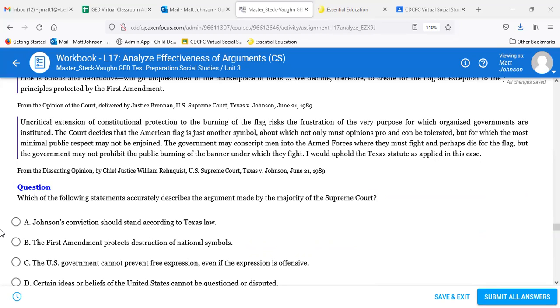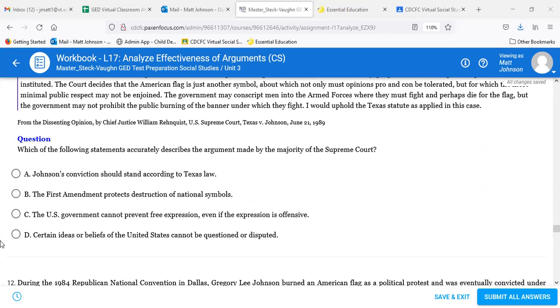So for 11, how about Tracy, could you read question 11 for us? Yes. Which of the following statements accurately describes the argument made by the majority of the Supreme Court? A. Johnson's conviction should stand according to Texas law.